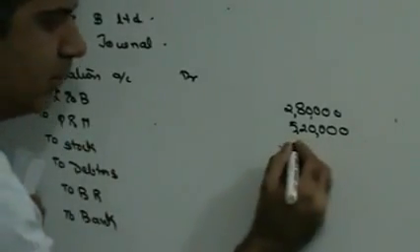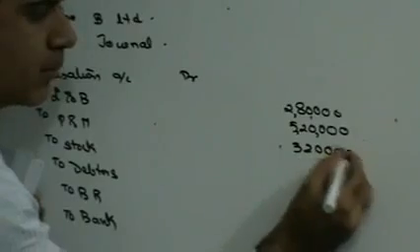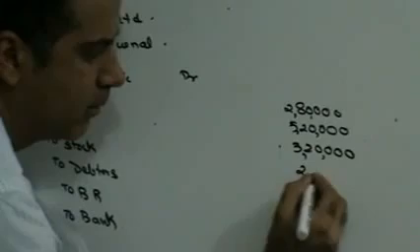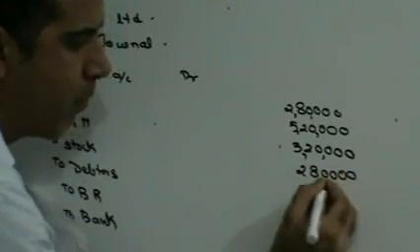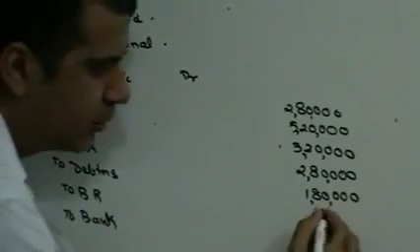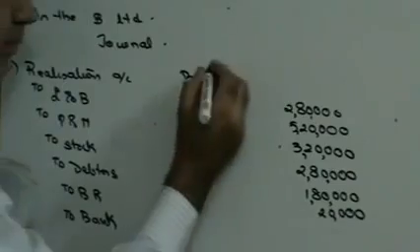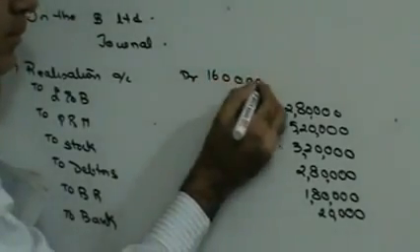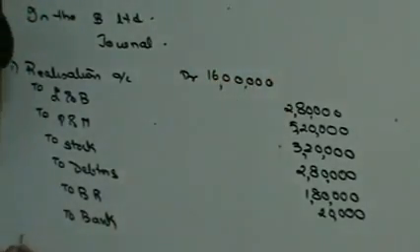Stock is 3 lakh 20,000. Debtors is 2,80,000. Bills receivable is 1,80,000. And bank is 20,000. 16 lakhs. Right? The total amount is 16 lakhs. Being assets transferred.